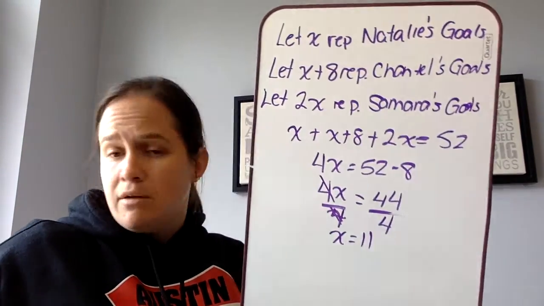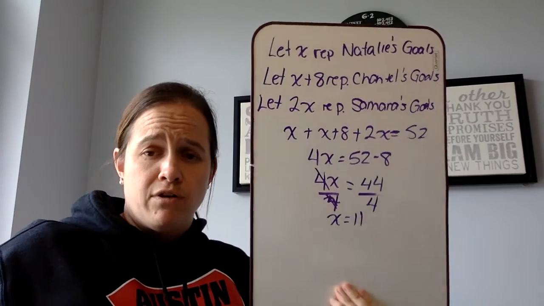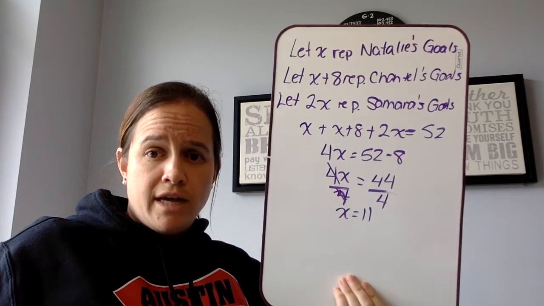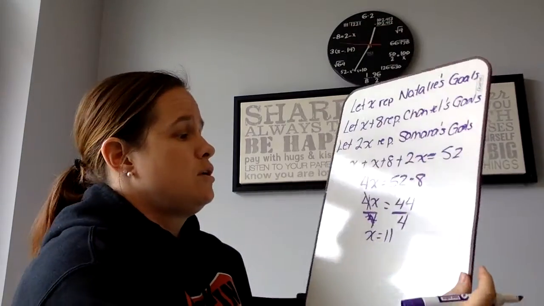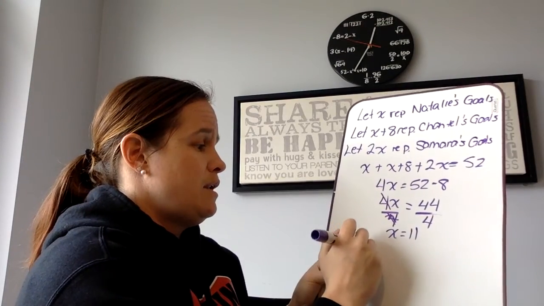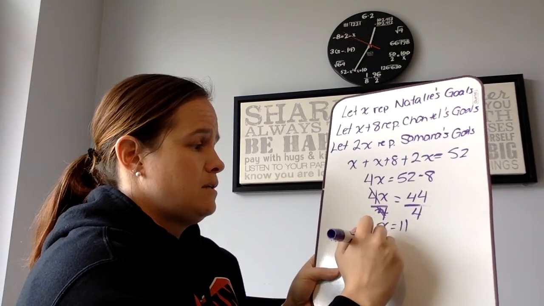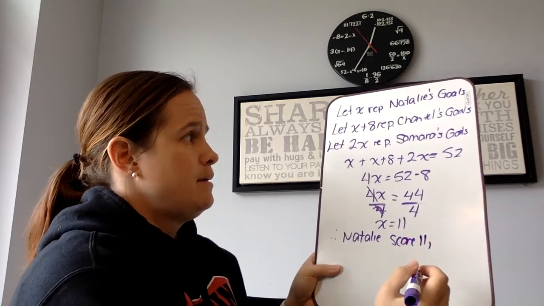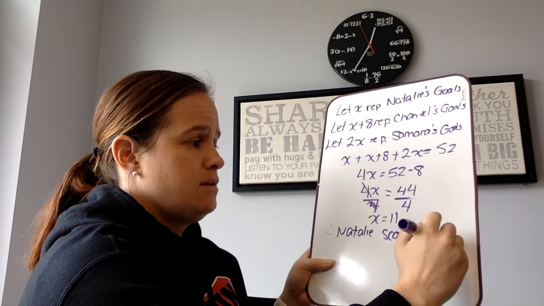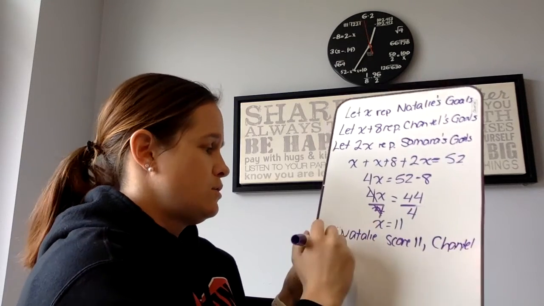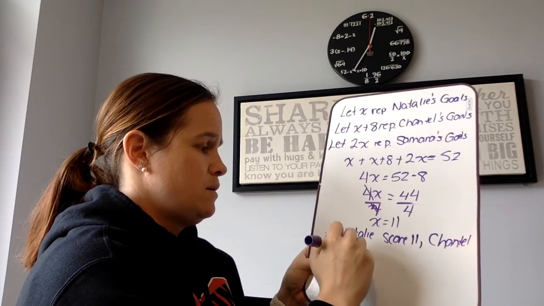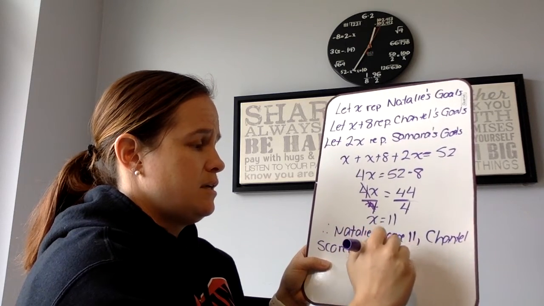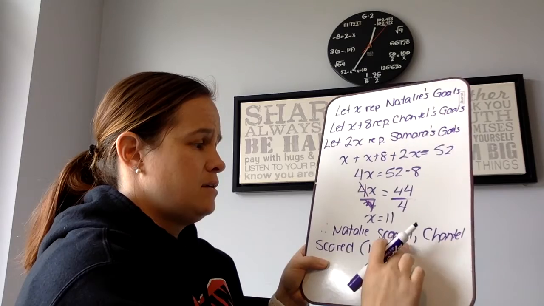So what does that mean? Who scored 11 goals? Well, according to how we defined our variables, X represents Natalie's goals. So therefore, Natalie scored 11. Chantel scored, and we are going to sub 11 plus 8 and get 19.